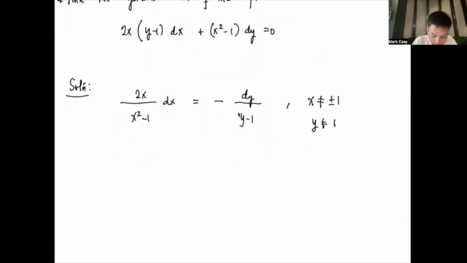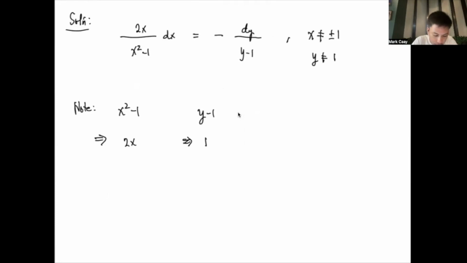Now, take note, however, what do we have here? Remember that if you have x squared minus 1, its derivative is 2x. If you have y minus 1, its derivative with respect to y is 1. Let us recall from our calculus before that if you have the integral of v prime of x dx over v of x, the answer is just ln of v of x plus c.